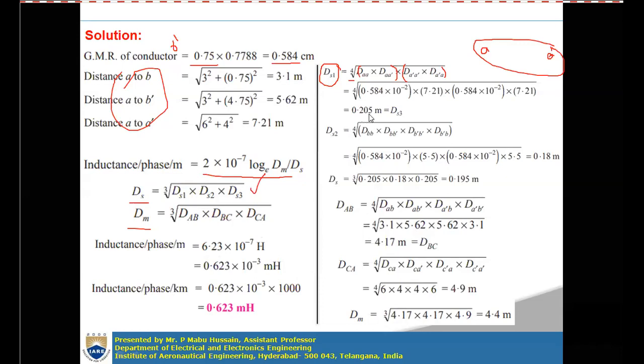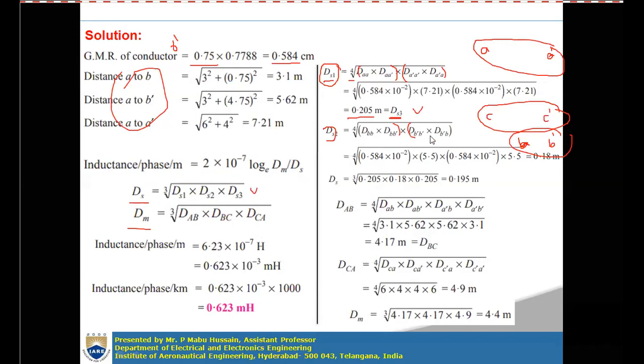That is Ds1. If you calculate Ds3, which is for phase C and C dash, you get the same value. Then Ds2 is for B and B dash. If you consider each subconductor, Dbb, Dbb dash is one product, and Db dash b dash, Db dash b is another product, whole to the power of 1 by 4, so you get the fourth root of the total product.